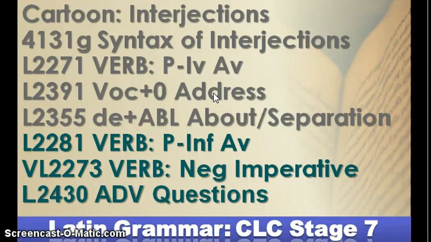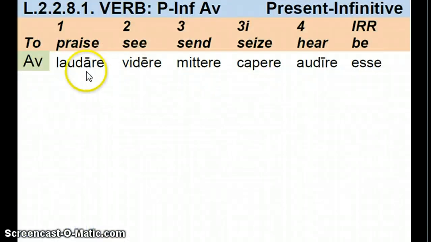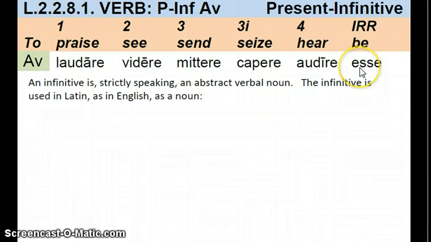Vocative address phrase, same as in Greek, real easy. All right, let's go on to the infinitive, which we've seen in Greek, but here it is in Latin. They all end up with re. Laudare, videre, mittere, capere, audire.